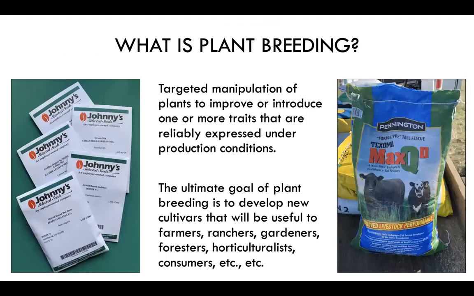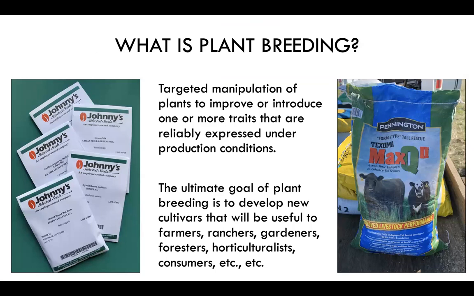So what is plant breeding? The way I look at it, plant breeding has a direction, a goal, which is the development of a new variety, a new cultivar that somebody is going to find useful. And that sets it as a distinction from other plant science or plant biology research. Plant breeding is really the targeted manipulation of plants to improve or introduce one or more traits that are reliably expressed under production conditions.